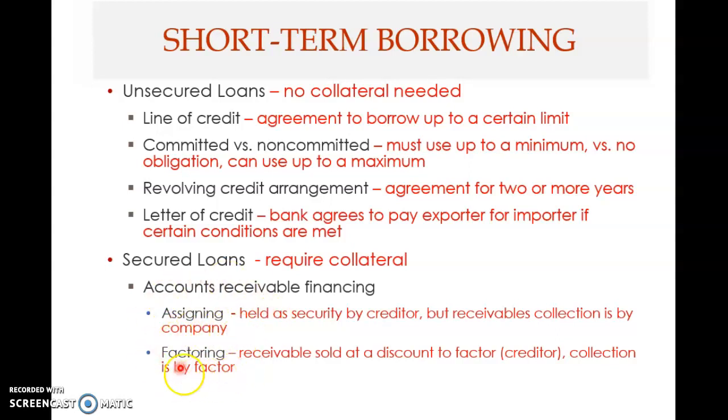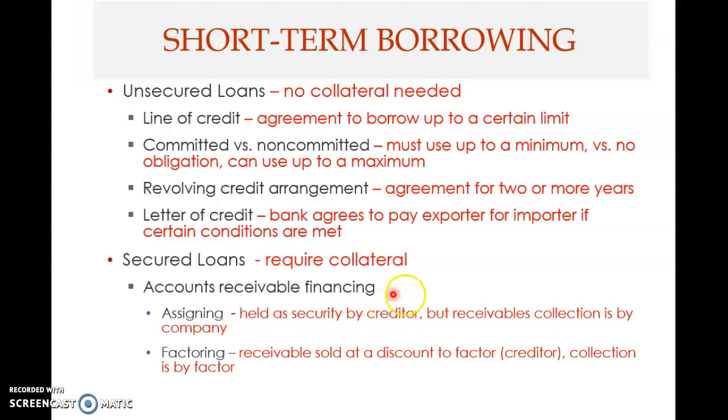On the other hand, factoring means that the receivable will be sold at a discount to a factor. This is why it's called factoring. The factor is also the creditor or lender, and the collection is made by the factor. There's a difference between assigning and factoring. Assigning is not an outright sale of the receivable to the lender. It is just assigned, meaning it is held as security by the creditor. It is not the property of the creditor yet.